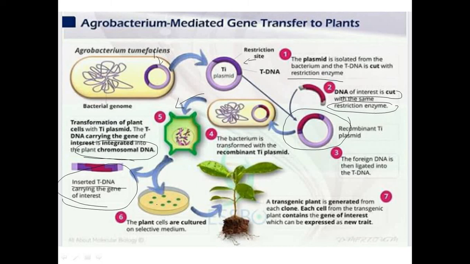Now these cells are cultured on the selective medium, and a transgenic plant is obtained from a specifically transformed cell. Now this infected plant shows the genes of interest, which can be expressed as a new trait, and it is identified with the help of the tumor or hairy root disease if it is Agrobacterium rhizogenes, and there is a tumor formation if it is Agrobacterium tumefaciens.